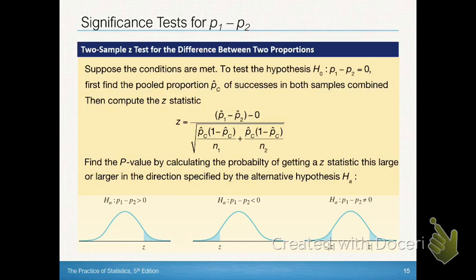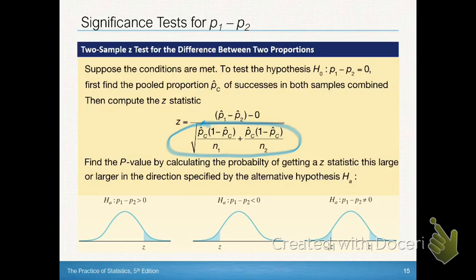So here is that formula for our standard deviation of the statistic, but with the subscripts of 1 and 2 replaced with the subscripts of c, because we're using that combined or pooled p hat value.